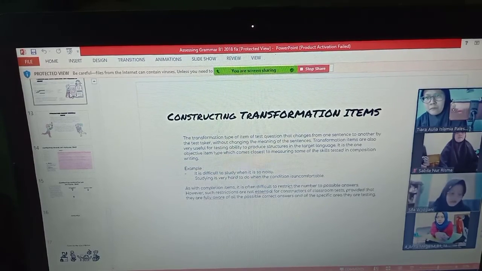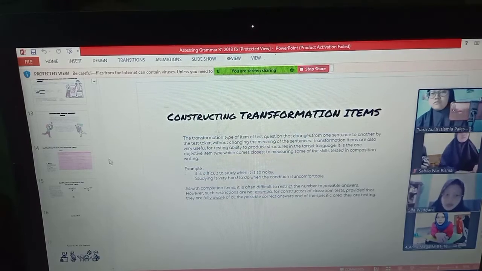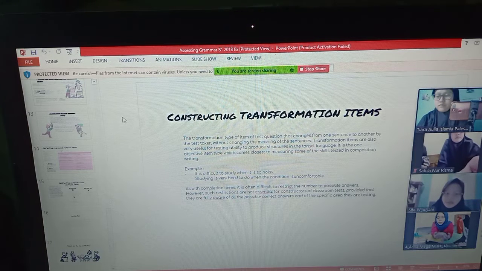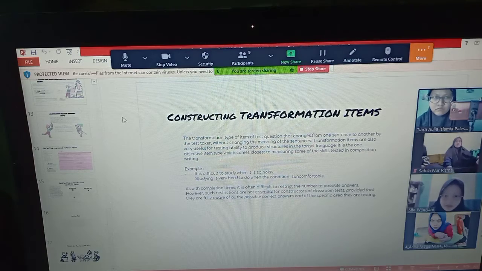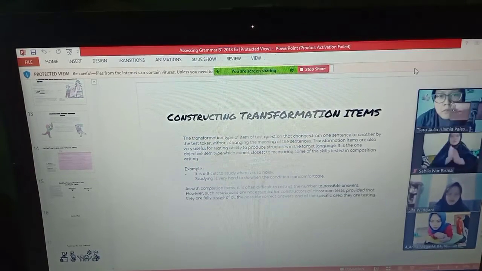Seperti itu mungkin. As with composition items, it is often difficult to restrict the number to guessable answer. However, such restrictions are not essential for constructors of classroom tests, provided that they are fully aware of all the possible correct answers and of the specific area they are testing.